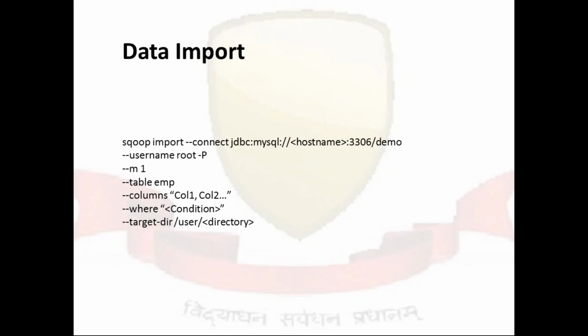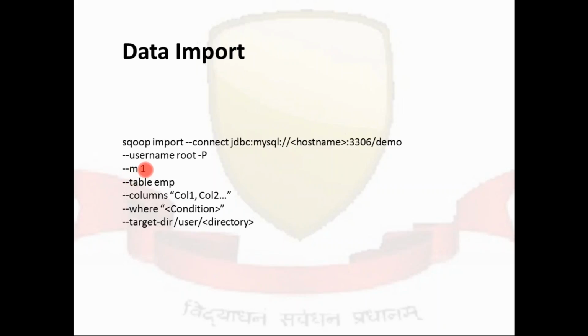After that, 3306, that is the port number. Then this one is the database name, that is demo. After that, you have to specify the username, in our case root. And you specify -P to ensure that once the query gets executed, it asks you for the password.